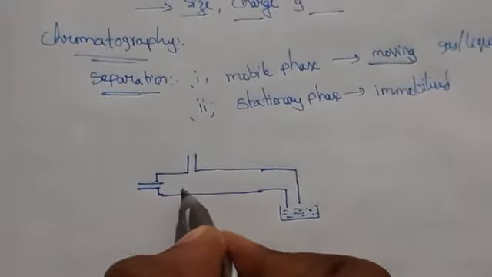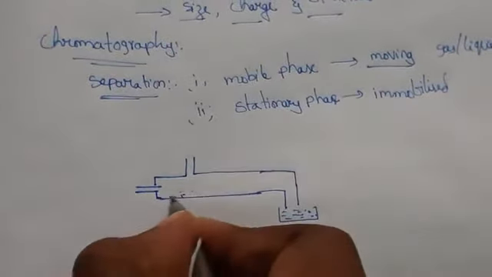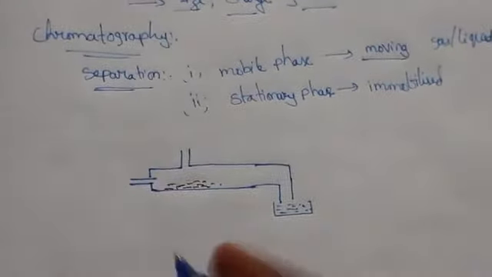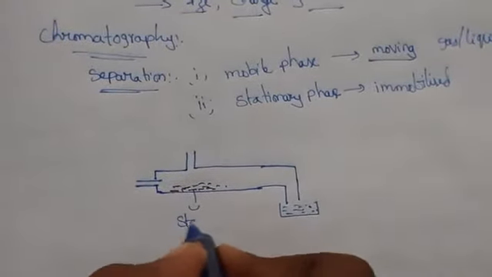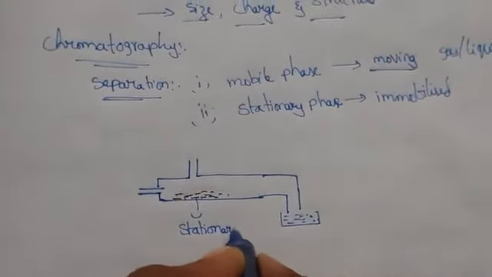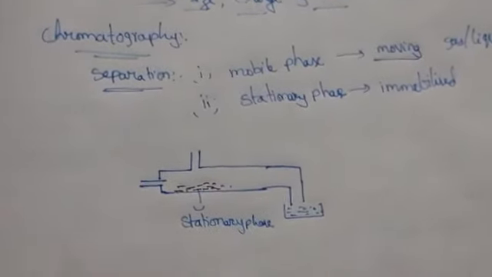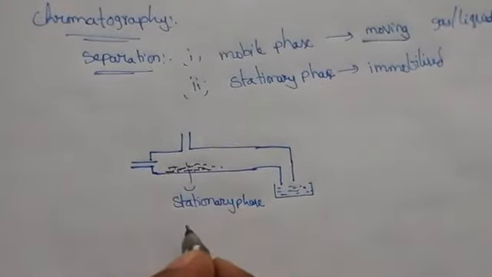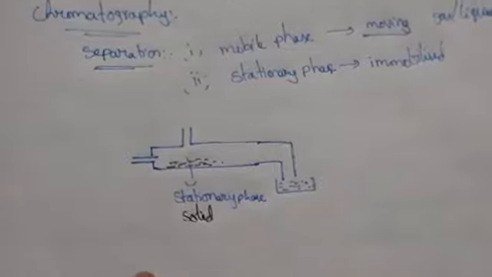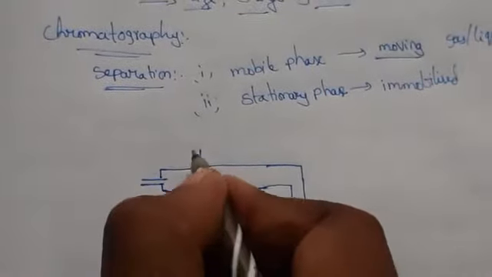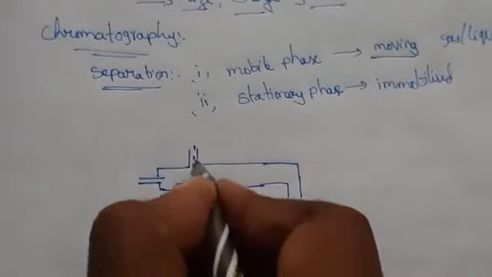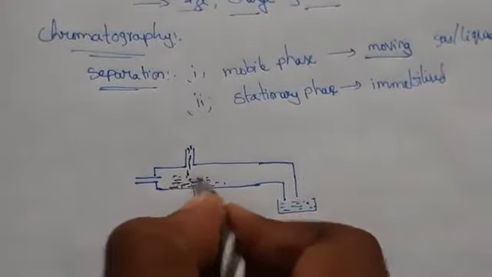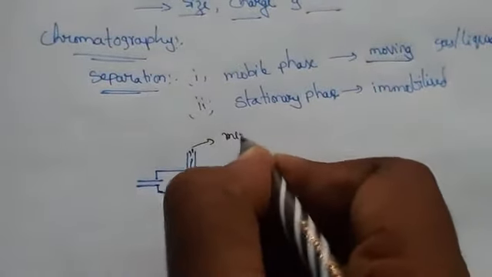Already we have the stationary phase, which is not in a moving position, the immobilized phase. Let us take it to be a solid. To this stationary phase I am adding the mixture of components.